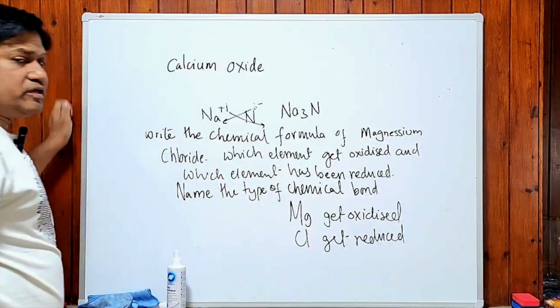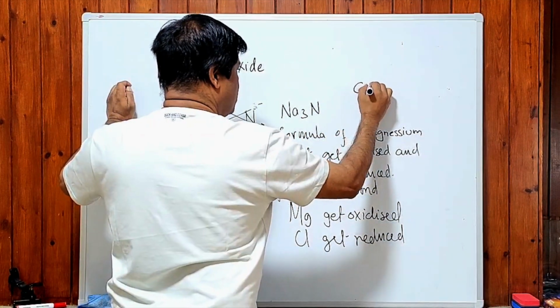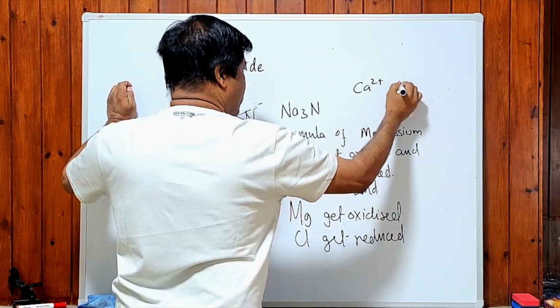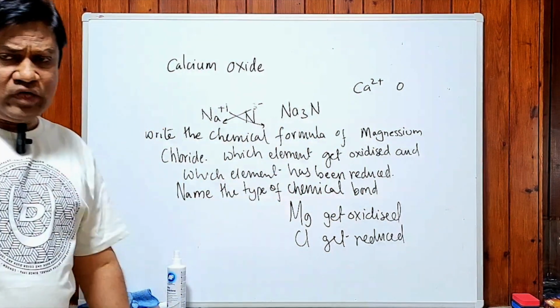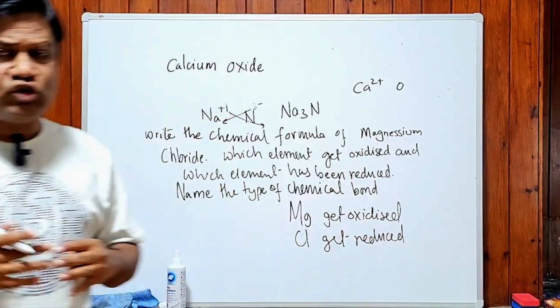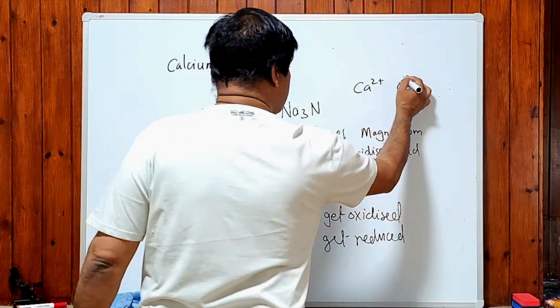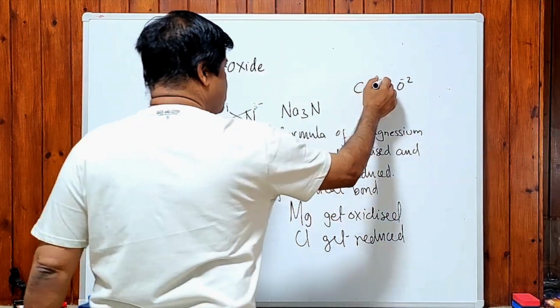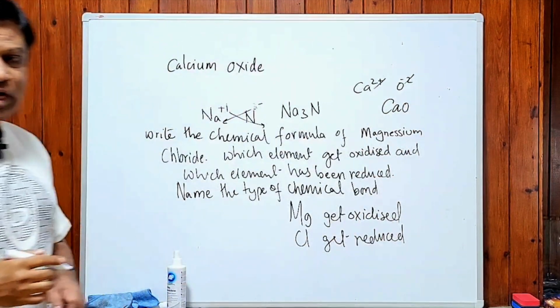You want to try it, guys? Calcium is in group 2, Ca2+. Calcium has 2 electrons in the outermost shell. When it loses those 2 electrons, it has 8 electrons in the outermost shell. And now oxygen gains 2 electrons. So plus 2, minus 2 balance, CaO, calcium oxide.